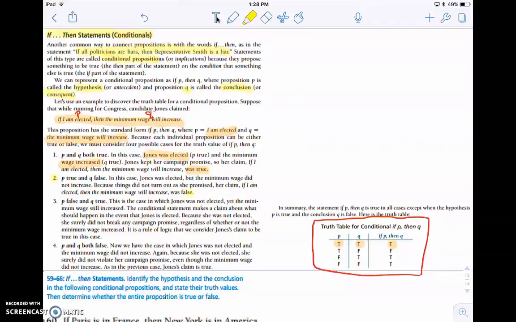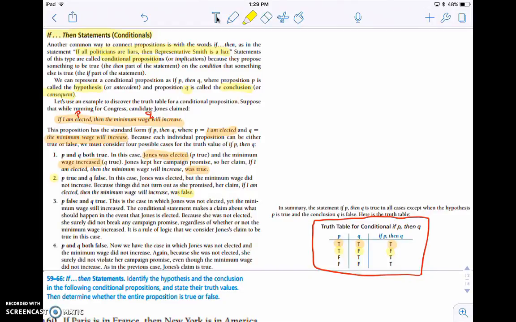So if P is true and Q is false, then if P then Q is false. And that's actually the only time this is false, when the hypothesis is true and the conclusion or the consequent is false.